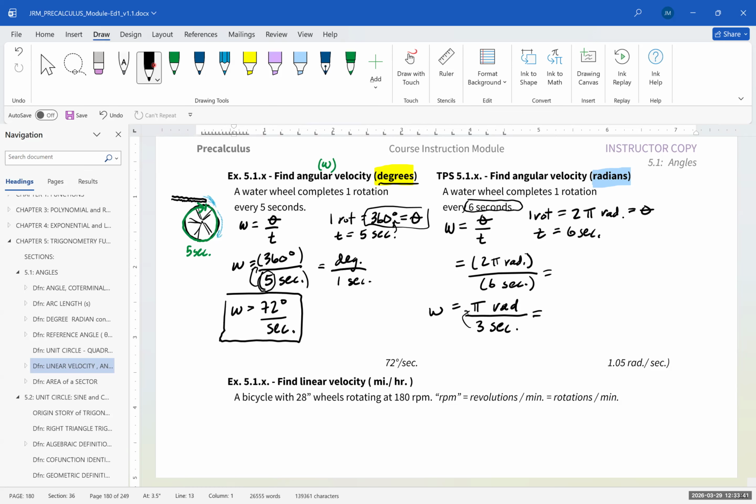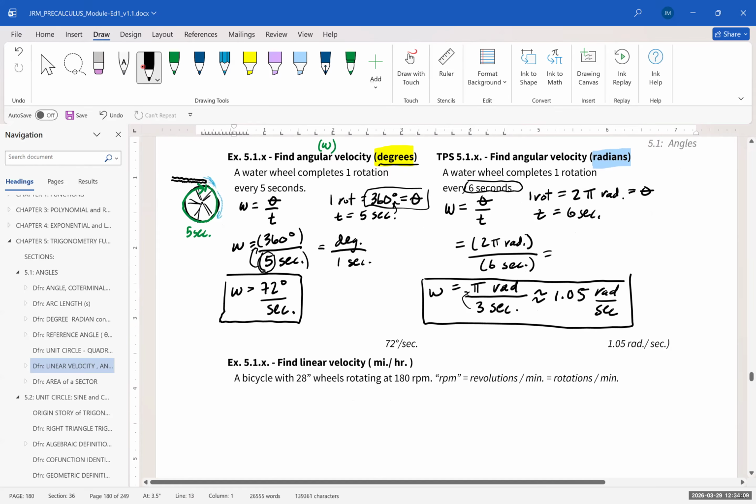It doesn't go evenly, but I'm going to end up rounding. It's going to be approximately 1.05 radians per second. So that would be the angular velocity of that water wheel completing one rotation in 6 seconds.